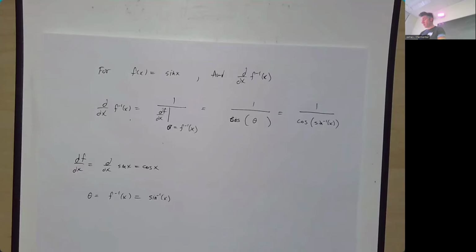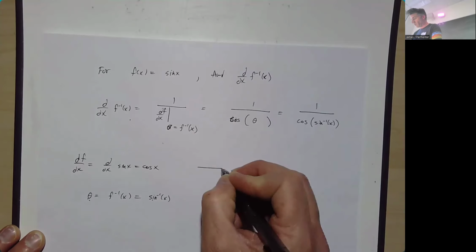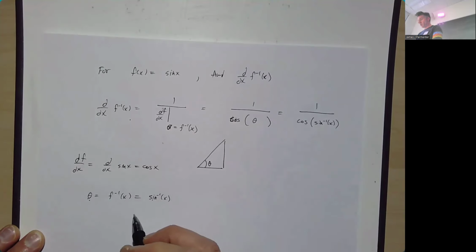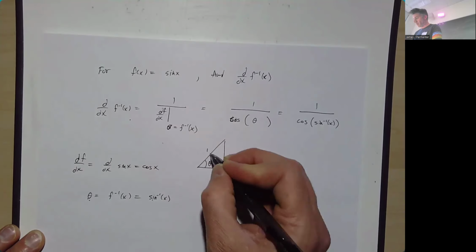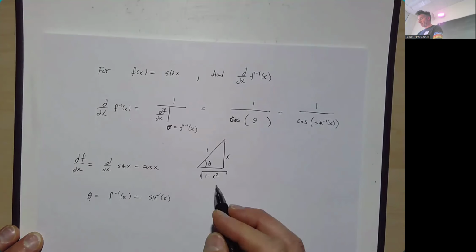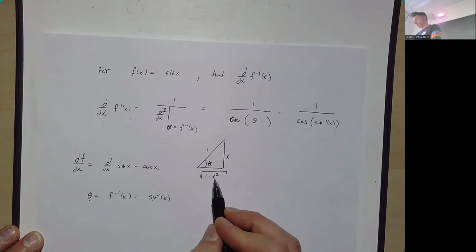So here's what we're going to do. We're going to talk about how inverse sine of x is an angle, and we're going to do the usual triangle thing. So sine of theta is equal to x over 1. This third side is the square root of 1 minus x squared. And cosine of inverse sine of x is the adjacent over the hypotenuse.